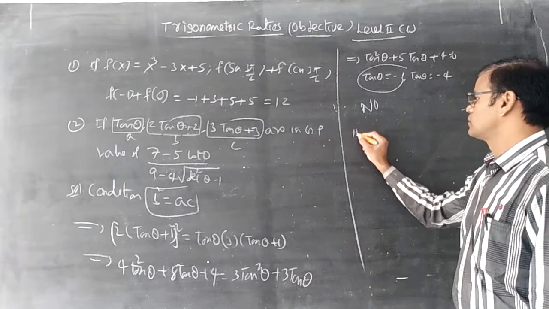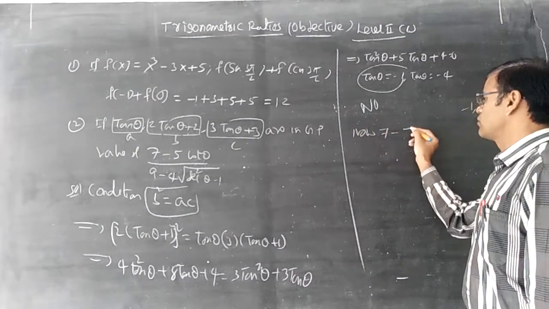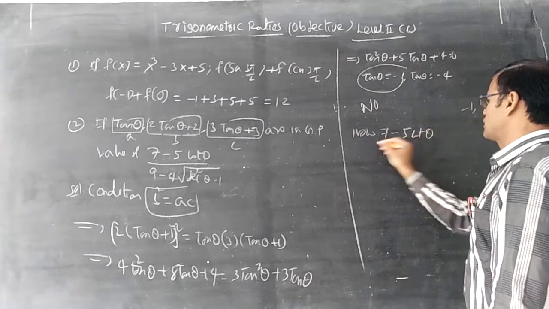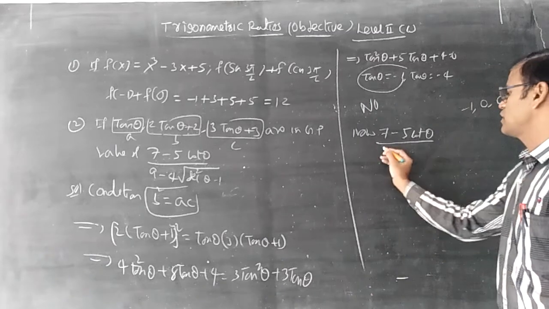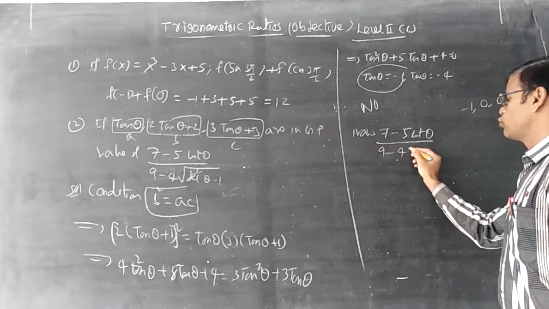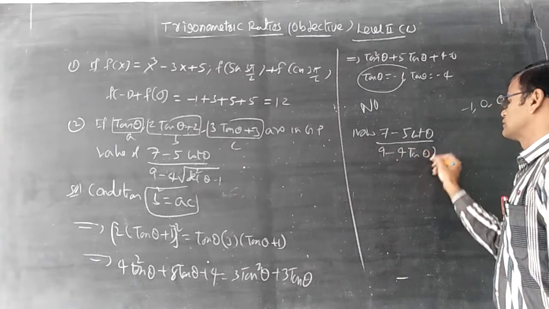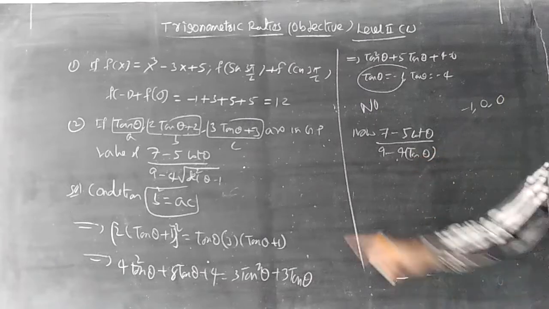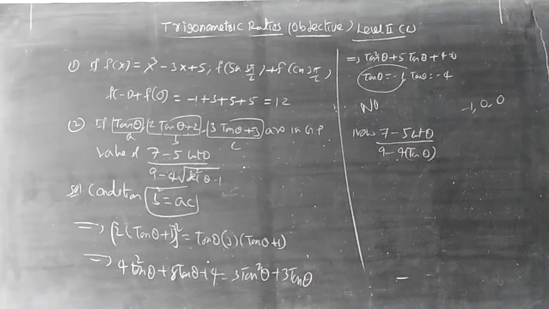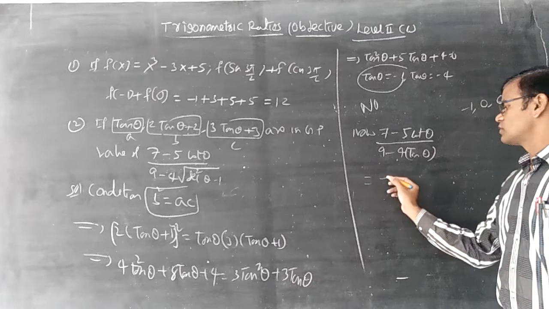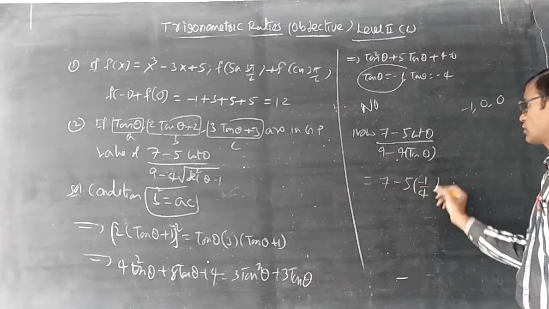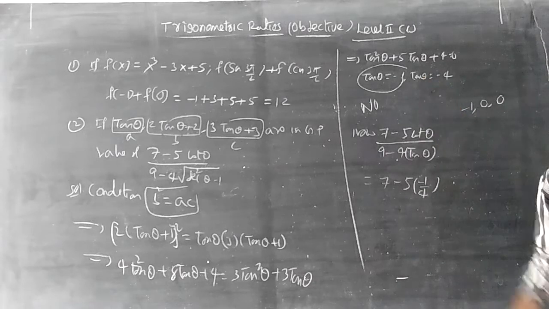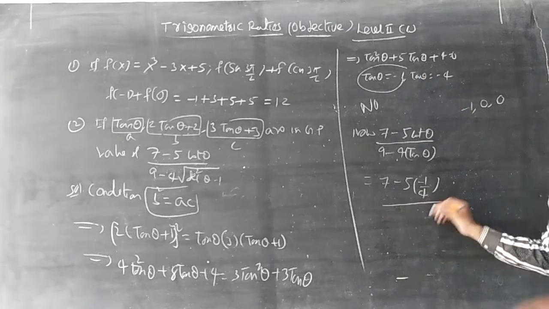Now, 7 minus 5 cot theta by 9 minus 4 into root of secant square theta minus 1, meaning tan theta only. That is equal to 7 minus 5 into minus 1 by 4. Why? Because if tan theta is equal to minus 4, cot theta is the reciprocal, minus 1 by 4.